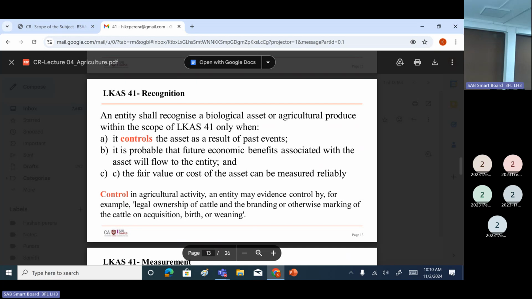Then recognition. We know the definition now. In a standard we discuss definition, recognition, and measurement plus disclosure. That's the basic structure of a standard, right?